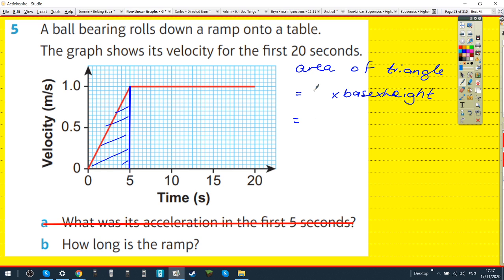A triangle is half a rectangle. Oh, okay. So you do half times 5 times 1.